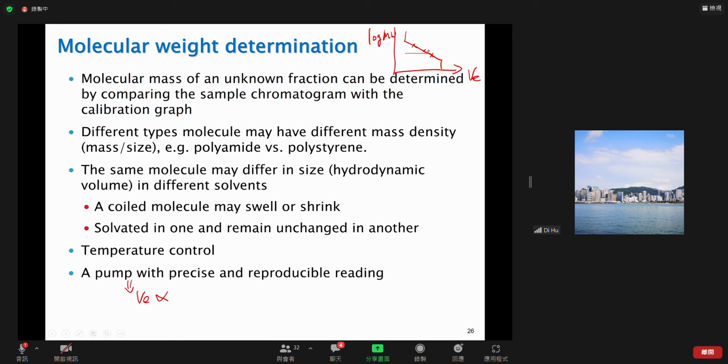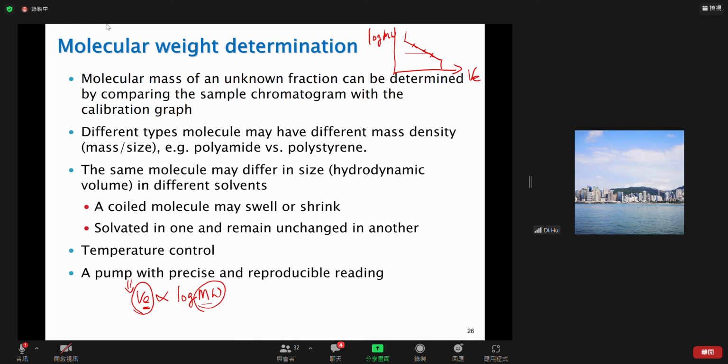Look at this calibration curve. VE is proportional to what? The log value of molecular weight. If there's a little bit of difference in VE, because that's a log value, how do we calculate molecular weight? 10 to the power of something over VE, right? So a small difference in VE can cause a big bias in the molecular weight.